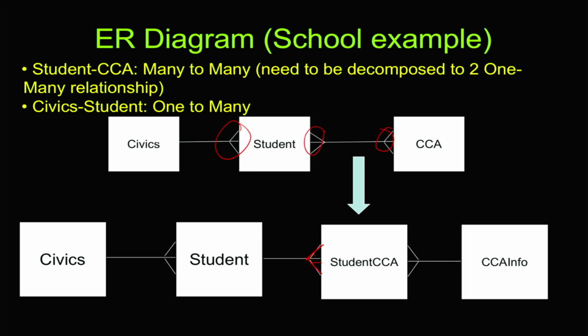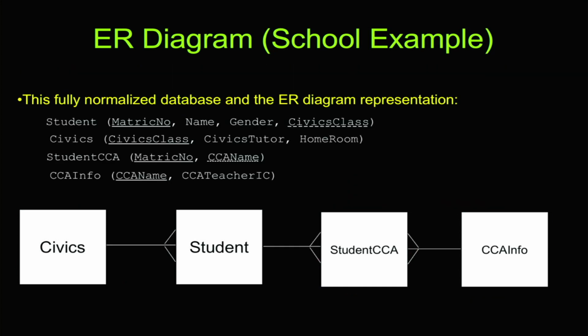The CCA information can also exist in multiple entries for the student CCA table. So this is how we can break it down. This is our very simple ER diagram. This is how your end result should look, something like this over here. Let's go on.